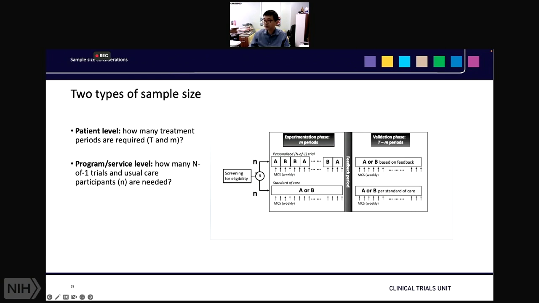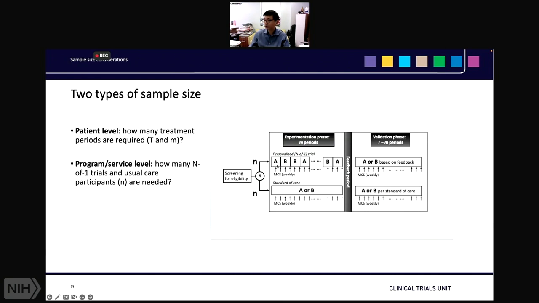The other type of sample size we need to consider is how long the experimentation period is. Intuitively, the longer this experimentation phase, the better informed the patient will be in making the decision on what treatment to take.